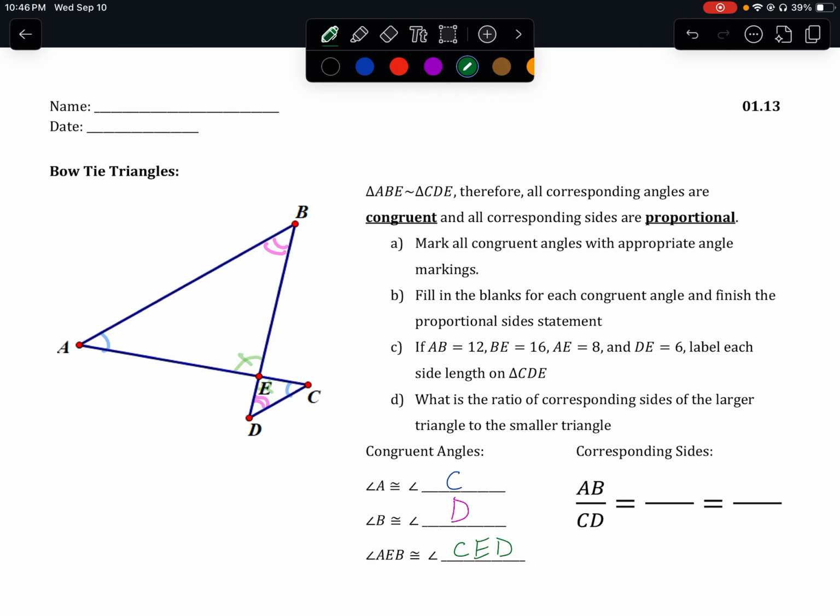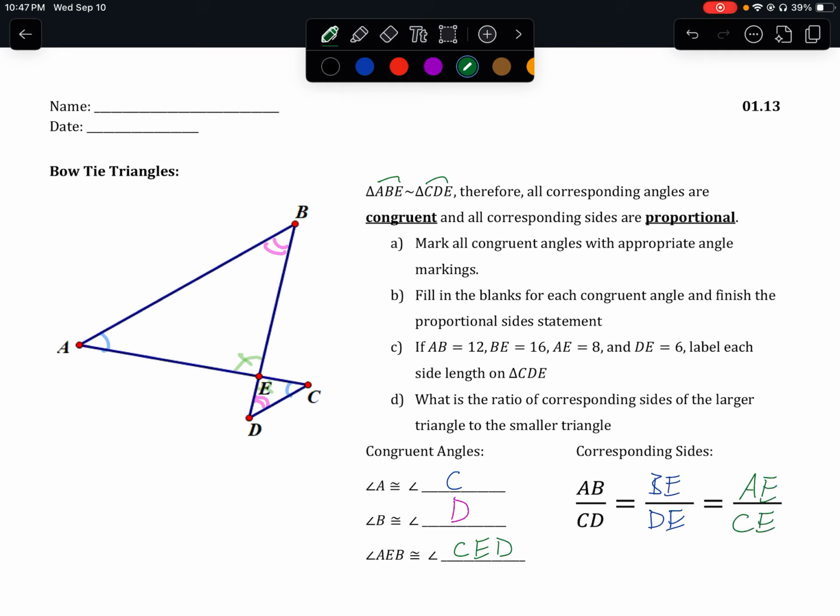Just like we've looked at before, I have AB over CD, using the first two letters there. I can do the same thing with my next two letters, BE over DE, and then our last one, AE over CE.